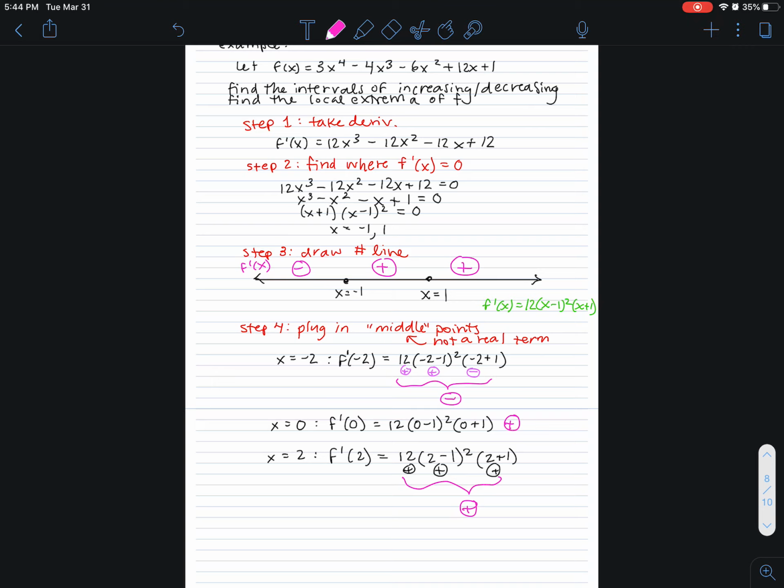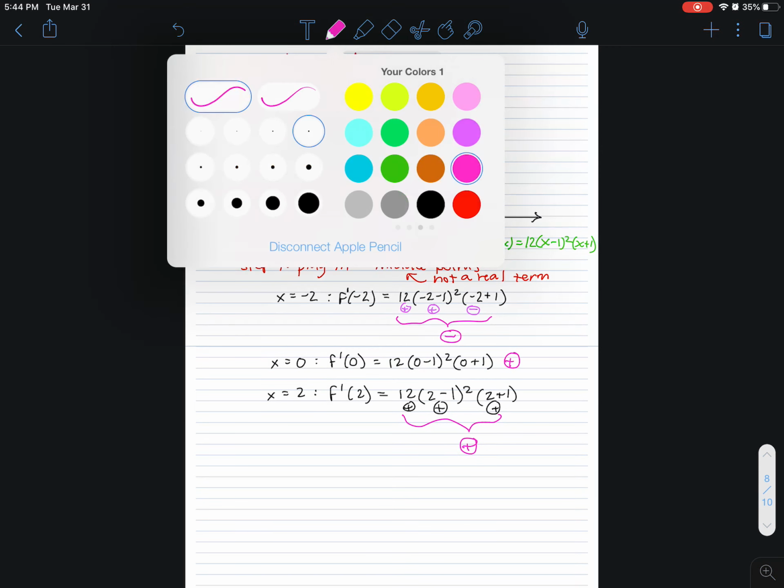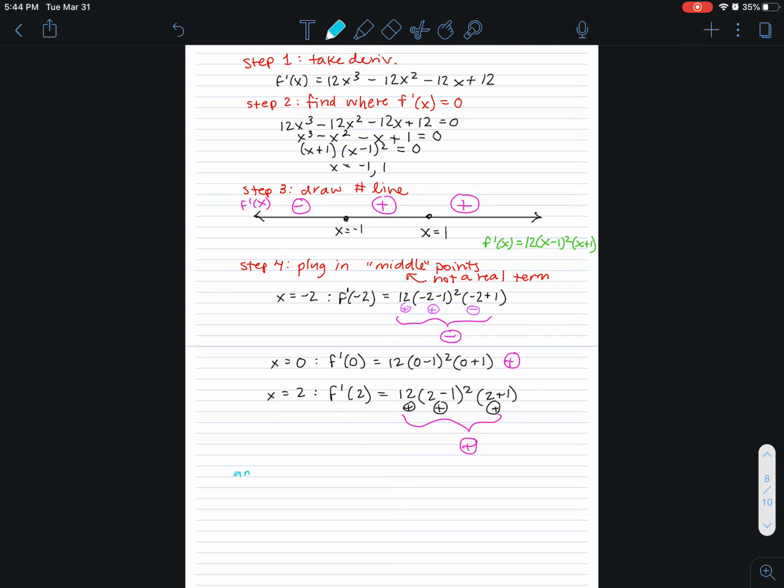Okay, so now we just have to use the first derivative test to tell us where our local maximums are. Let's really quick write down where our function is increasing or decreasing. So part of our answer is f of x is increasing on, wherever the slopes are positive, so that's everything to the right of negative 1.